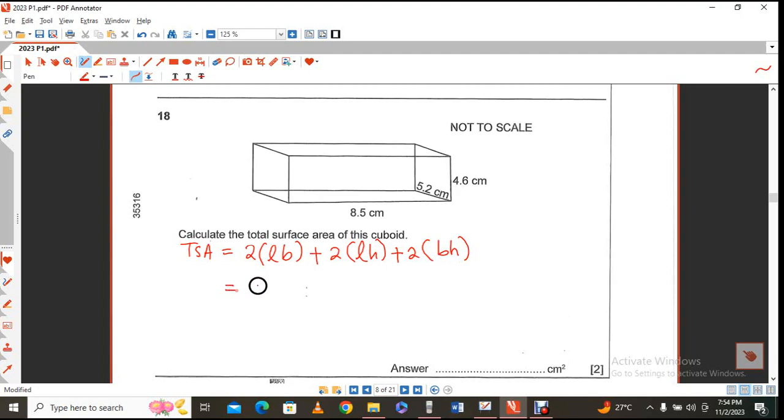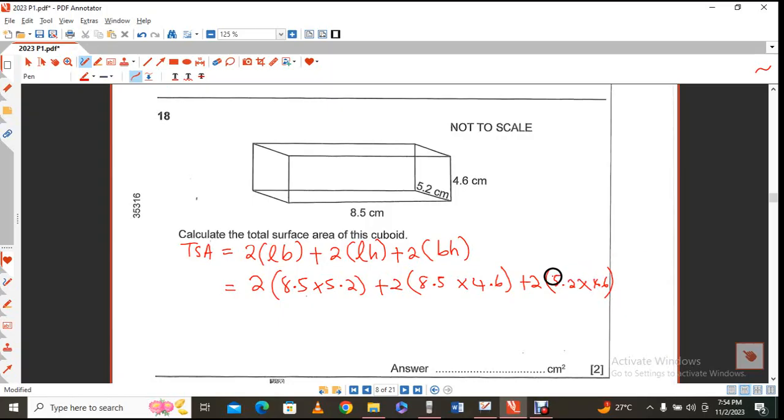Now let's add what I have: 2 times 8.5 times 5.2 plus 2 times 8.5 times 4.6 plus 2 times 5.2 times 4.6.